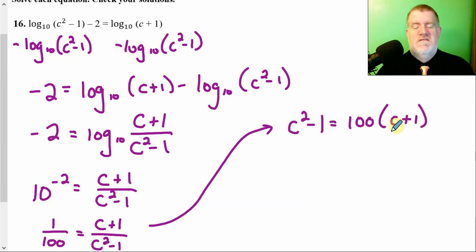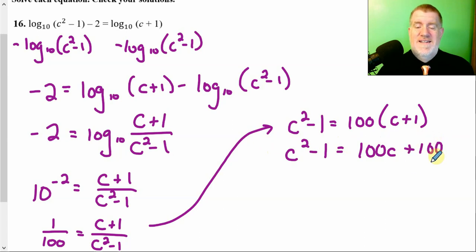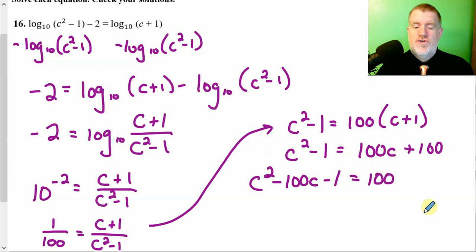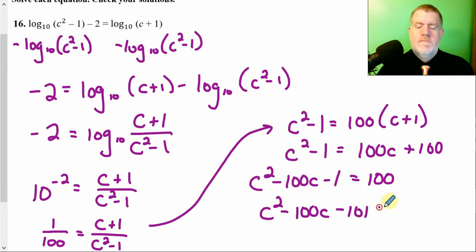100 seems like a big number. Let's see what's going on. I know it's a quadratic, so the square is going to stay. I'm going to distribute that through. Now I got to set it equal to 0. So I'm going to subtract 100c from both sides. I'm going to subtract 100 from both sides. Well, it's not really that bad.